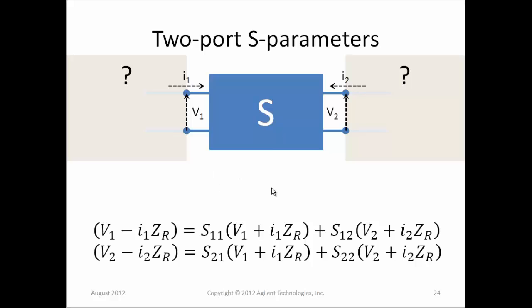So just like the Z parameters, let's think about these 2-port S parameters. I haven't defined the environment yet. Haven't said yet whether this is a measurement environment or a usage environment. But let's just think about how many equations we have here and how many unknowns. I'm going to define the power waves in this algebraic method in terms of the V and I, for reasons you'll see in a second.